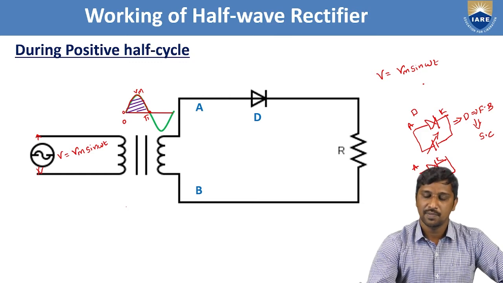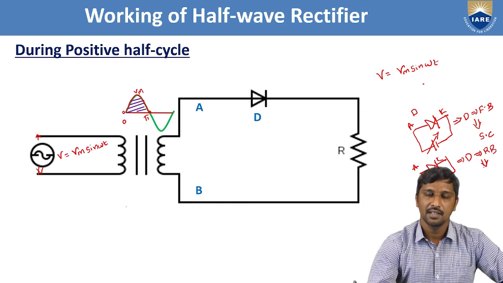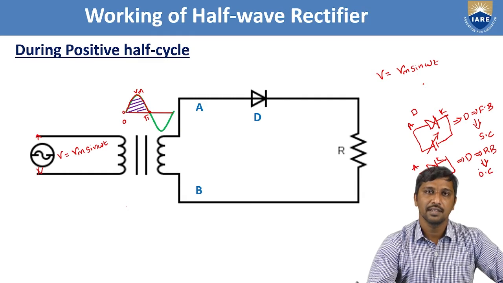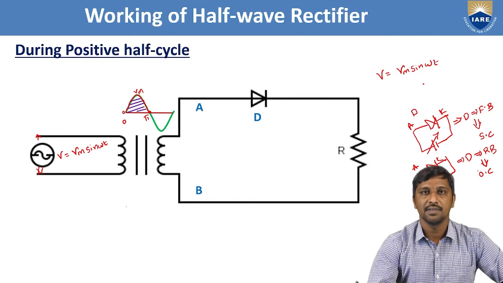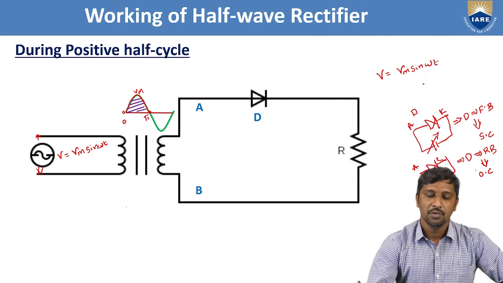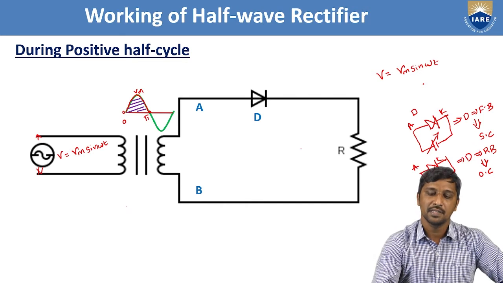Under this reverse bias, the diode is replaced with an open circuit, meaning there is no flow of current across the given circuit. Now, based on these two observations from the diode characteristics, I am going to apply these parameters to this diode circuit C.